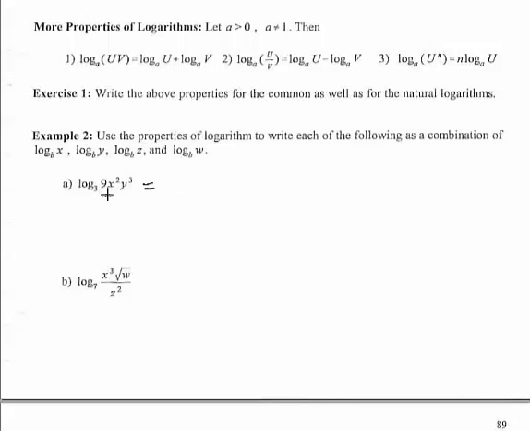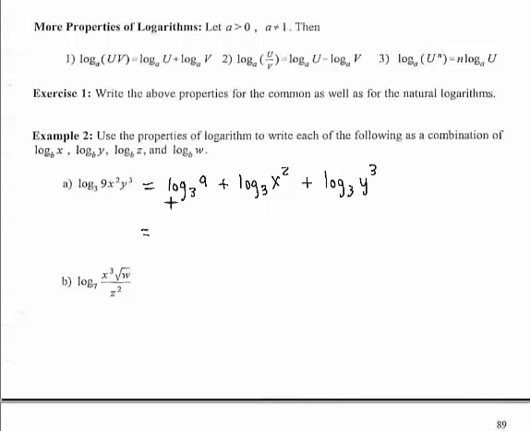And whenever the argument has multiplication contained inside of it, then we break it up into addition of each factor. So we could write log base 3 of 9 plus log base 3 of x squared plus log base 3 of y to the third.